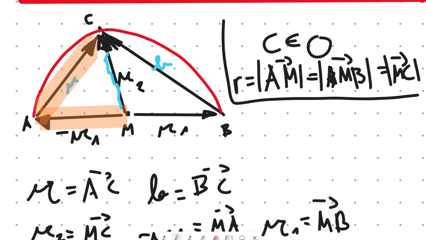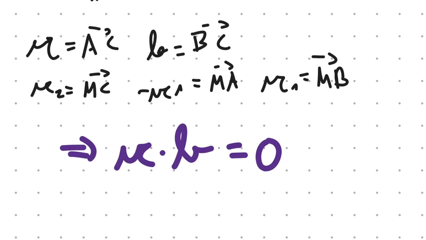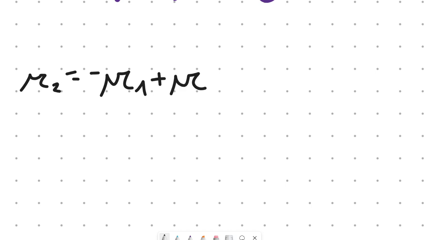We can also state that u1 plus b is the same as u2. So we can write two equations: u2 is equal to minus u1 plus u, and u2 is also equal to u1 plus b.